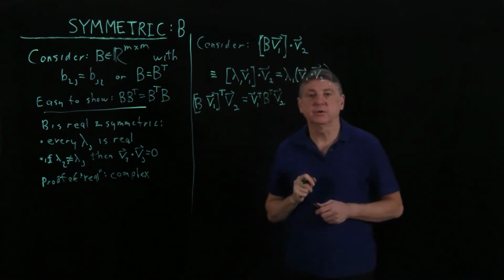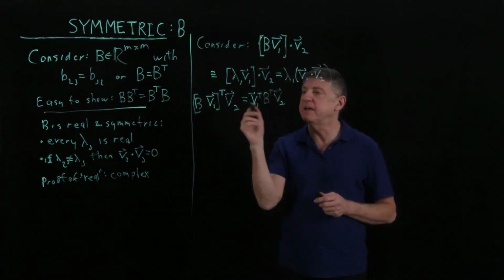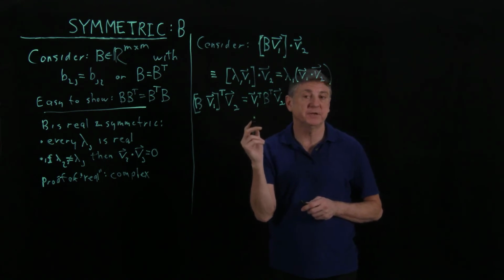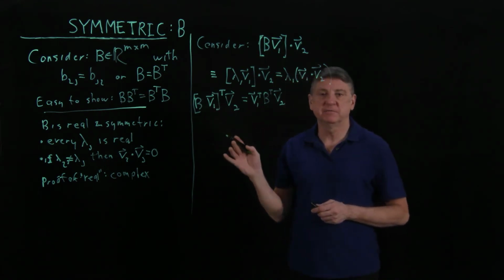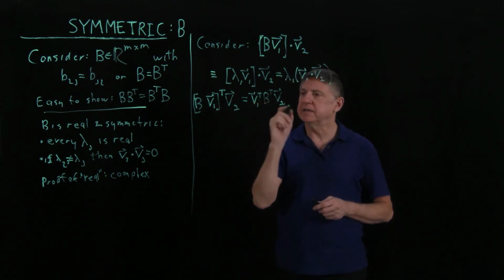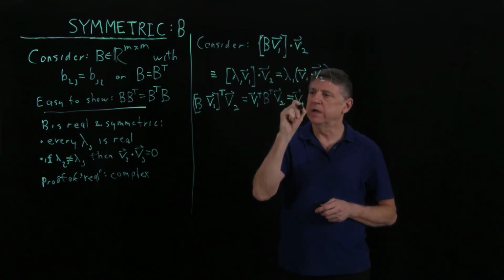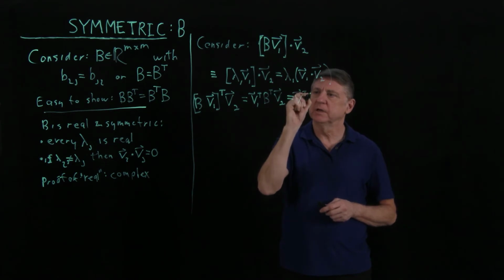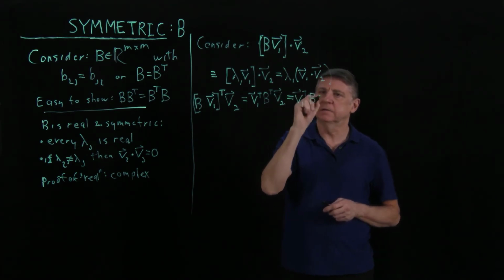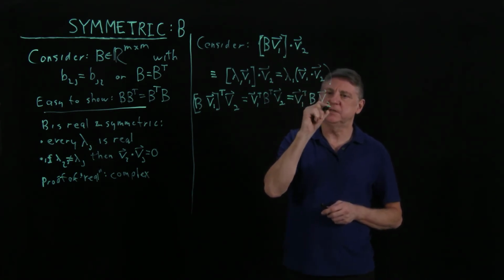And you notice here that what I'm doing is I'm taking advantage of associativity of matrix multiplication and getting rid of the bracketing. Well, that has to equal V1 transpose times B times V2.